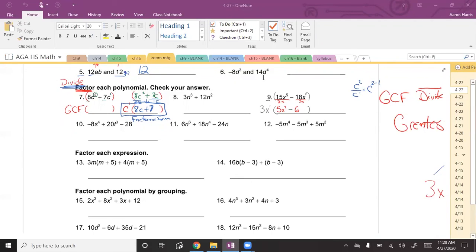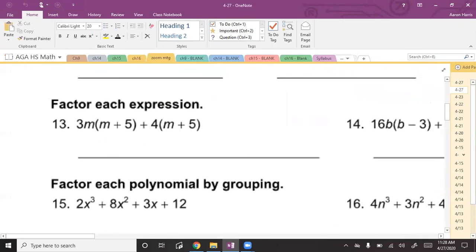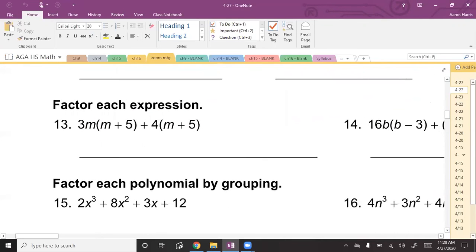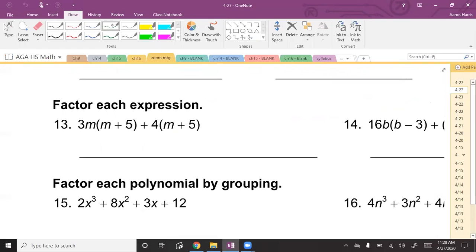All right, let's ratchet this up just a notch, okay? So now, how many terms do you see in problem number 13? How many terms?